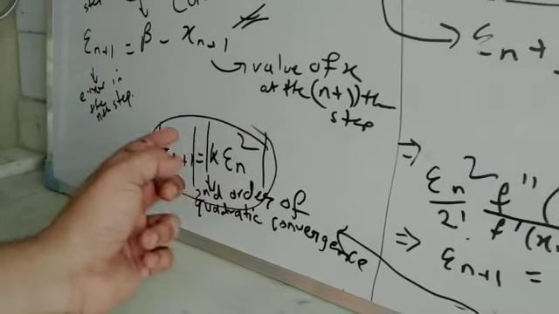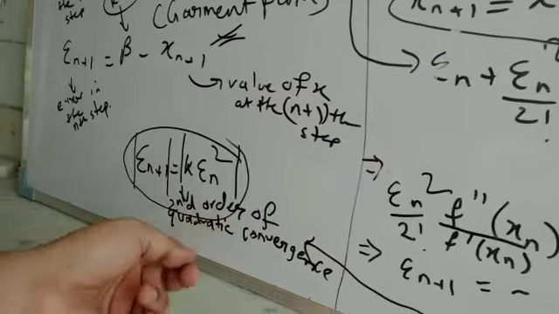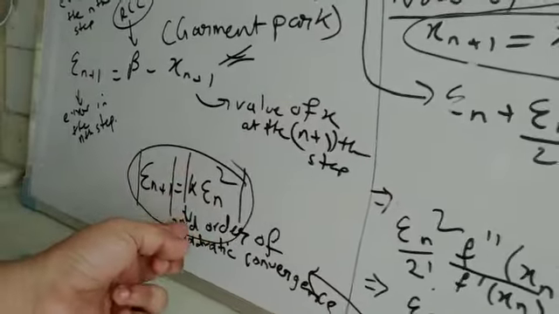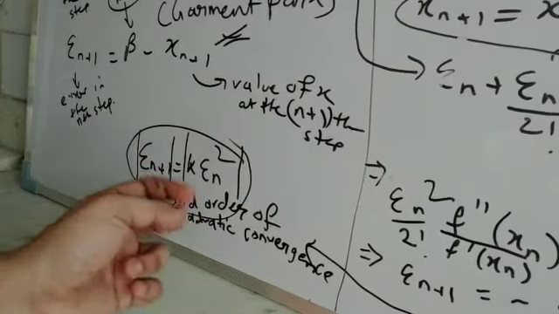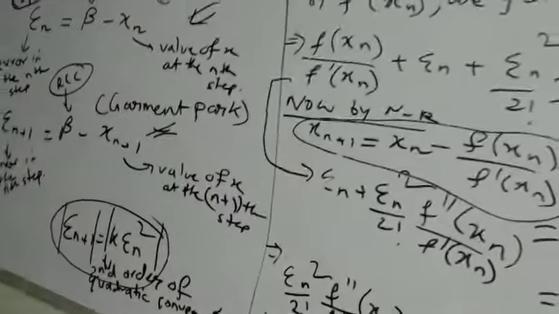In the exam they might ask what is the order of convergence in the Newton-Raphson method. You have to write 2. 2 will be the answer. So this is how we can estimate the error in the Newton-Raphson method.